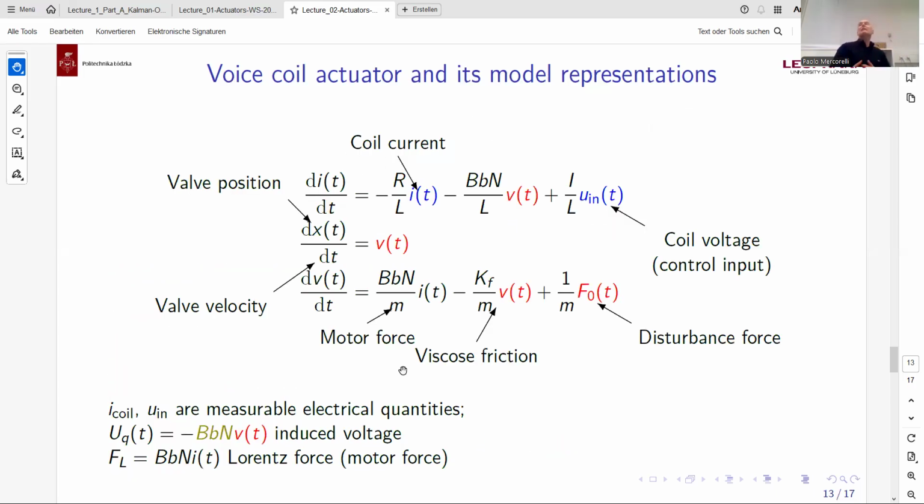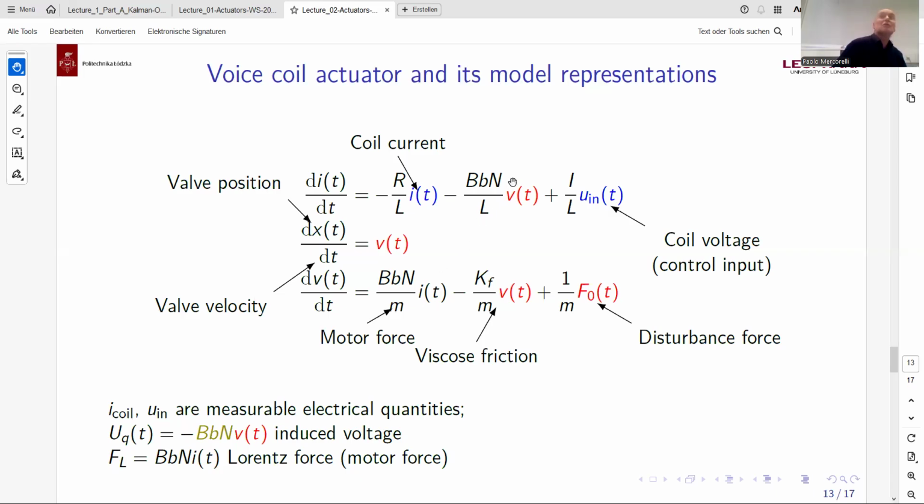And I will try to justify these three equations. It seems to be complex, but it's not. Part of them you know already. Most expressions can be interpreted from electrotechnics, but we will see here the Lenz effect, B multiplied by B multiplied by N multiplied by V, and here the Lorentz effect, which is basically dual.